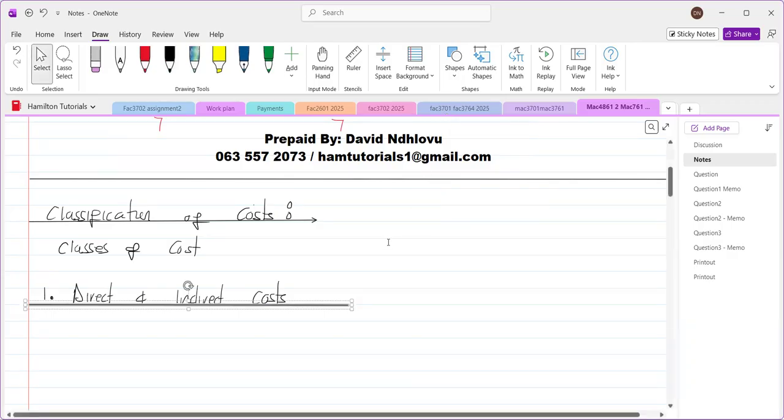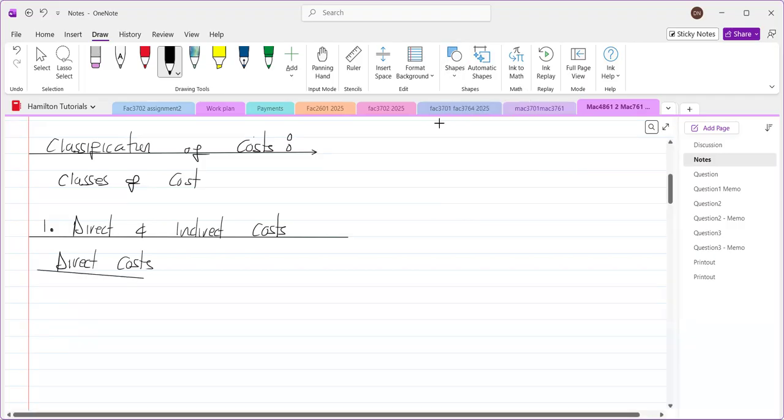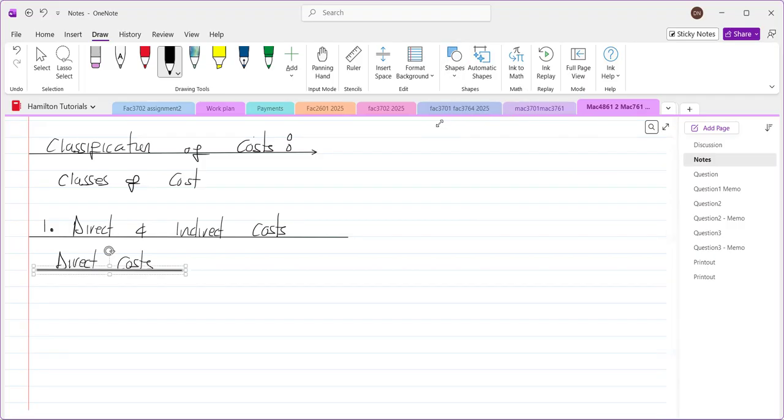You need to be very clear which costs fall under direct, which costs fall under indirect, and how you come to that determination. Right, so I'll start here with the direct costs. Right, this should be a revision for everyone. It's covered in your second level in management accounting most of the time.